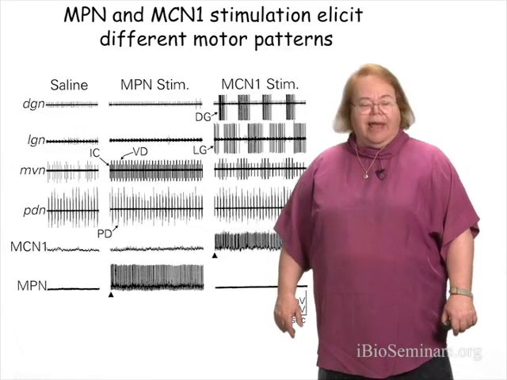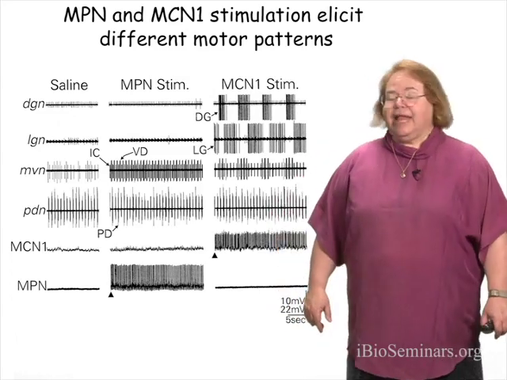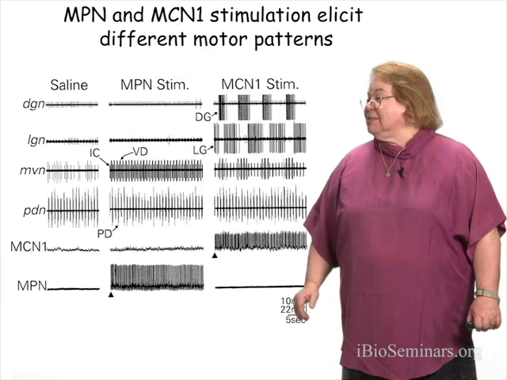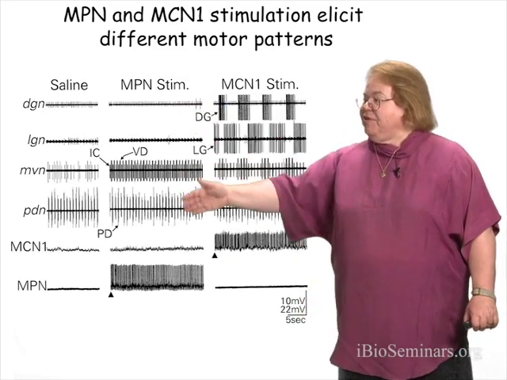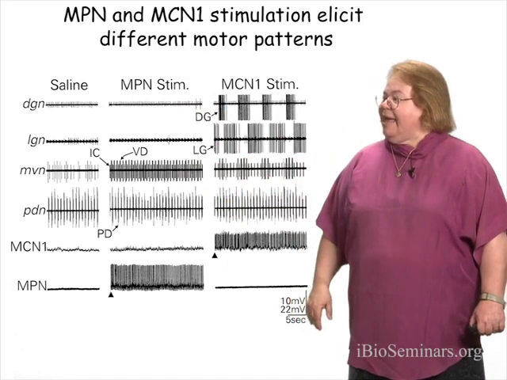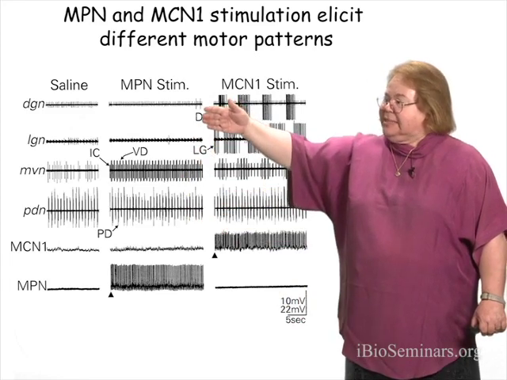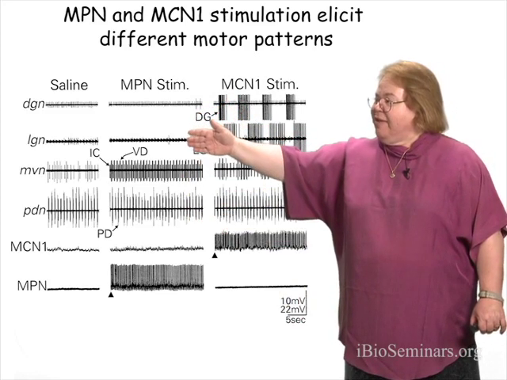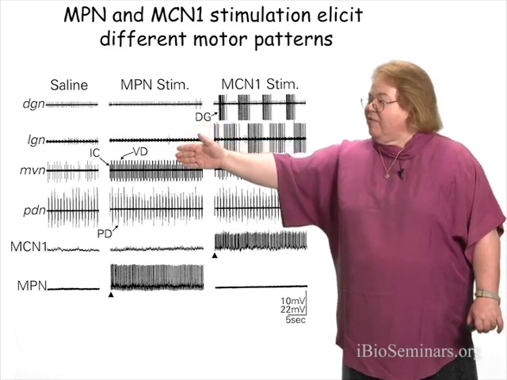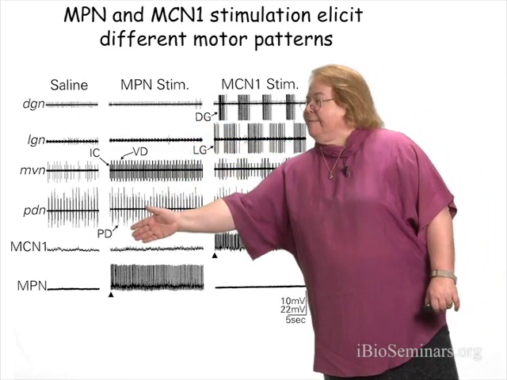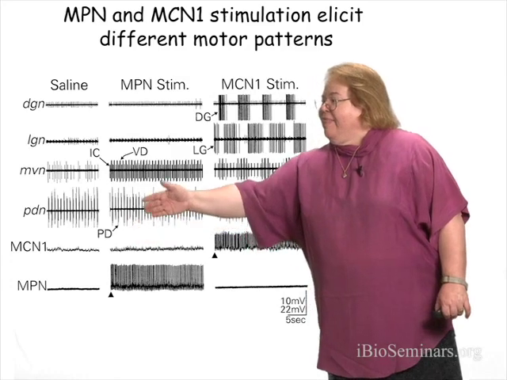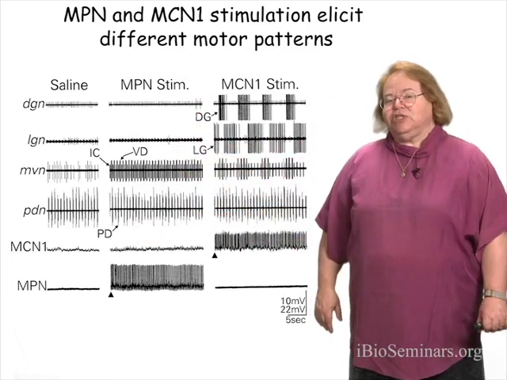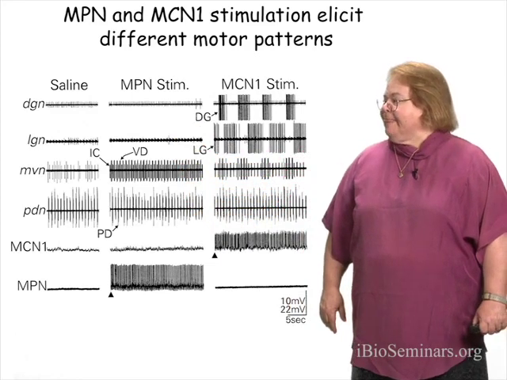Here, this slide describes the effects of stimulating two different modulatory neurons that contain the peptide proctolin. So on the left, you see recordings from Nusbaum's lab showing that from the DGN, the dorsal gastric neuron, the gastric rhythm is off. LG is also silent, but the pyloric rhythm is on. That's in control. And then they stimulated MPN, that's modulatory proctolin-containing neuron.